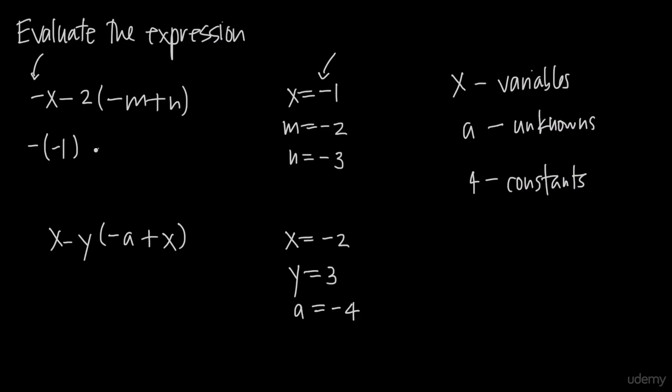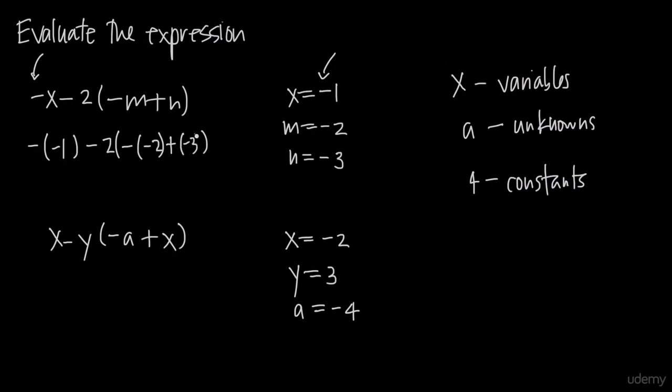So we keep both negative signs. Then we have a minus 2, and then here are parentheses around negative m plus n. For negative m, again, we need to keep this negative sign and this negative sign. So we'll have a negative 2 when we put parentheses around the m, and we plug in this negative 2 value for m. And then we want to plug in negative 3 for n, so we'll say plus, and then in parentheses, negative 3.